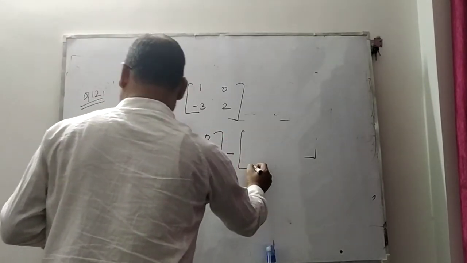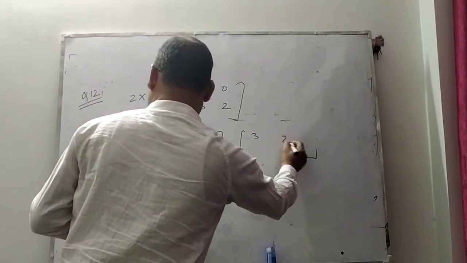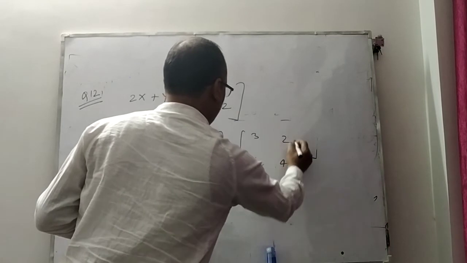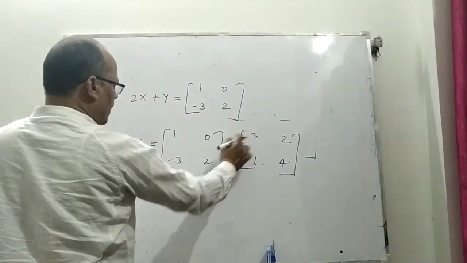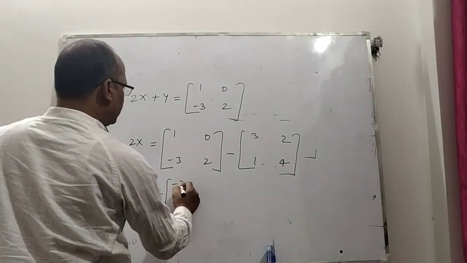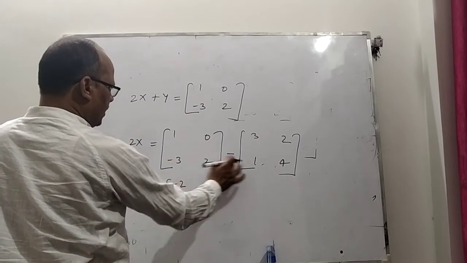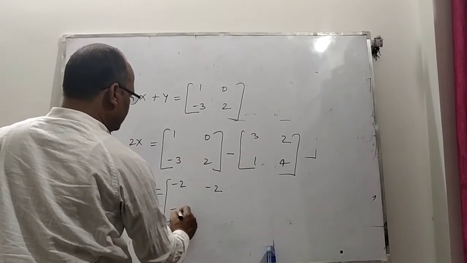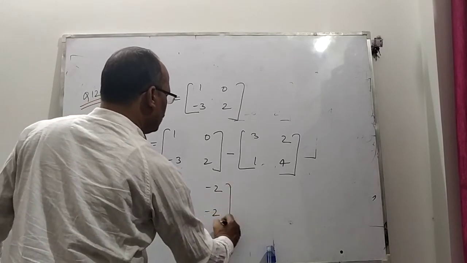What is the value of Y? Y is 3 2, 1 4. Now it will become 1 minus 3, minus 2, 0 minus 2, minus 2, minus 3, minus 1, minus 4, or 2, minus 4, minus 2.